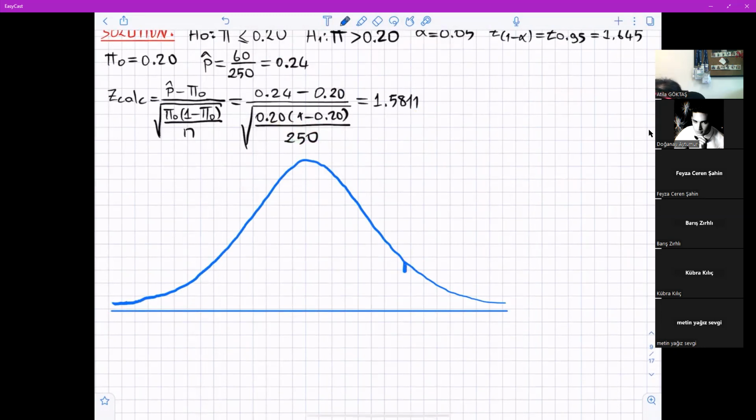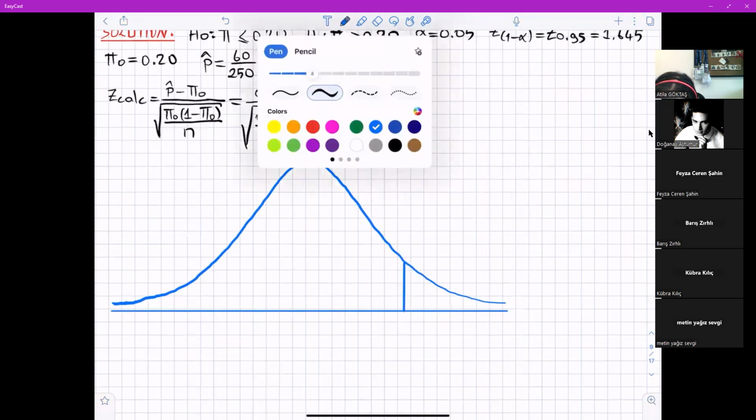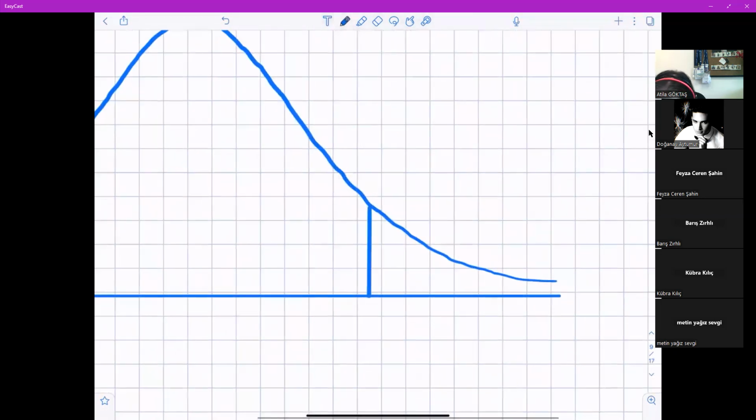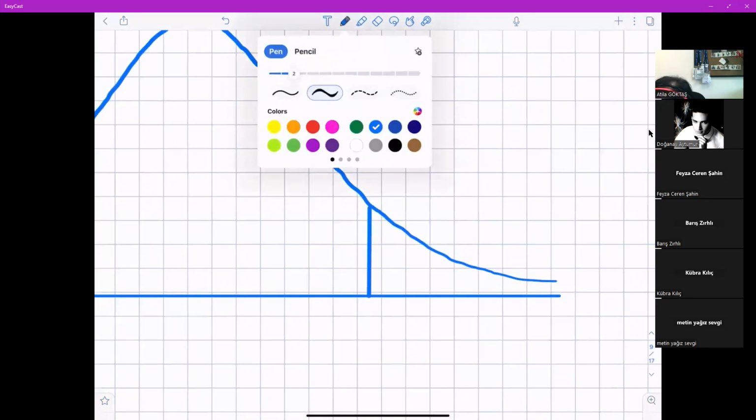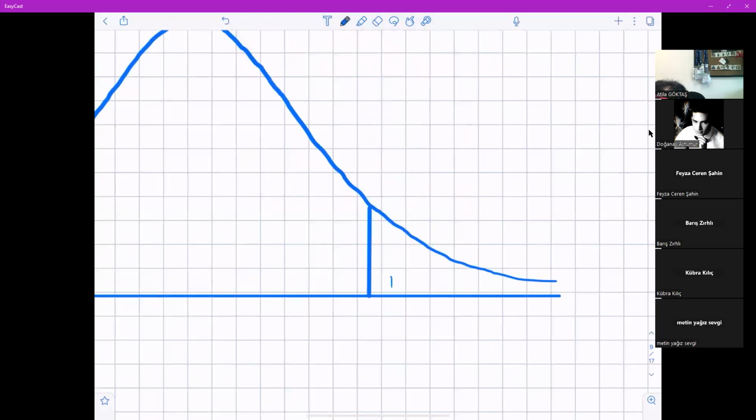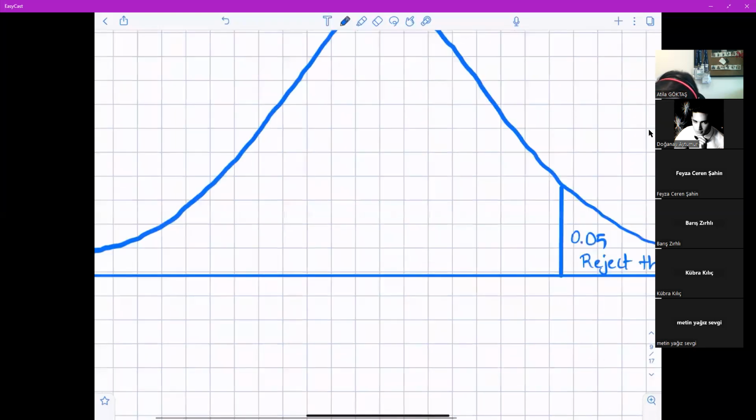So I have the critical region right here. This is the reject region, with 0.05.